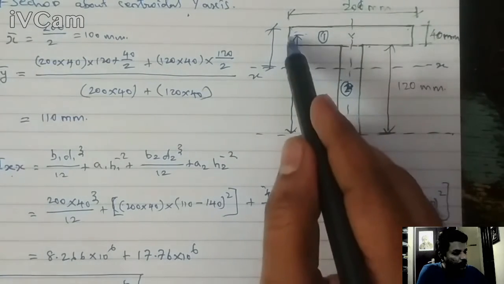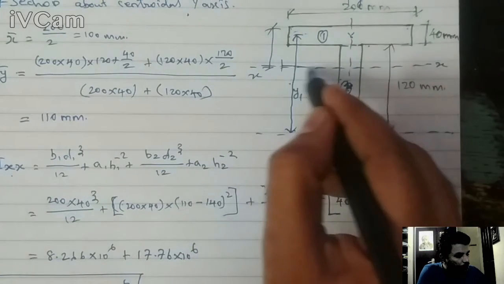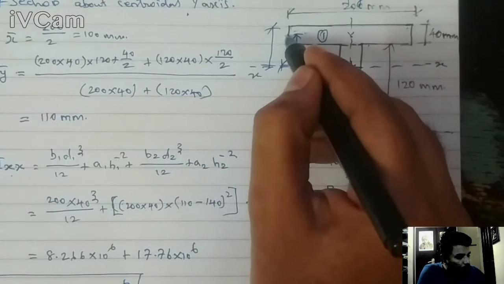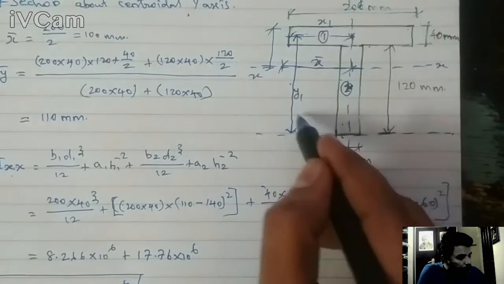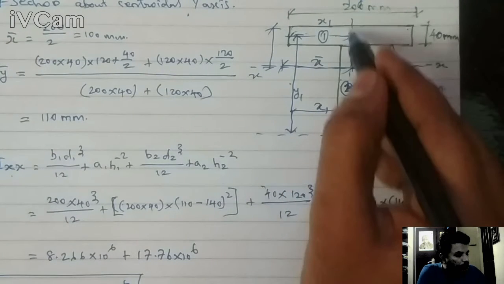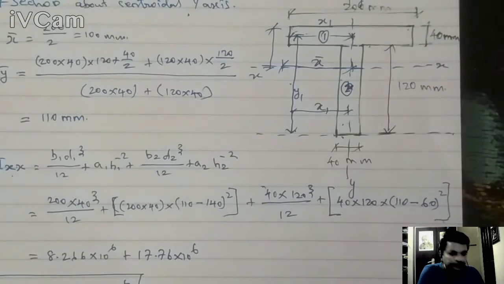X1 is here, x2 is here, and this is x bar. So all three values are coinciding in the same line. So x bar minus x1, that is 100 minus 100, which is equal to 0. So this term is 0.